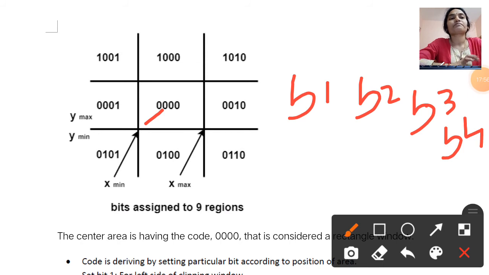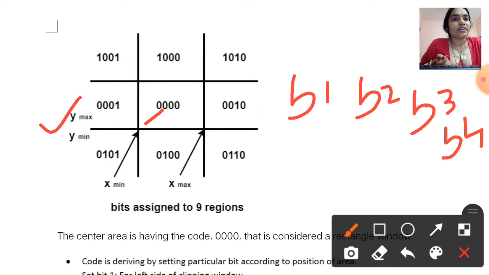Okay, first case B4: if B4 is 1, then it lies on the left side of the window. That means this one. Bit 4 is 1, then all the other bits are 0. This one is the left side of the window.